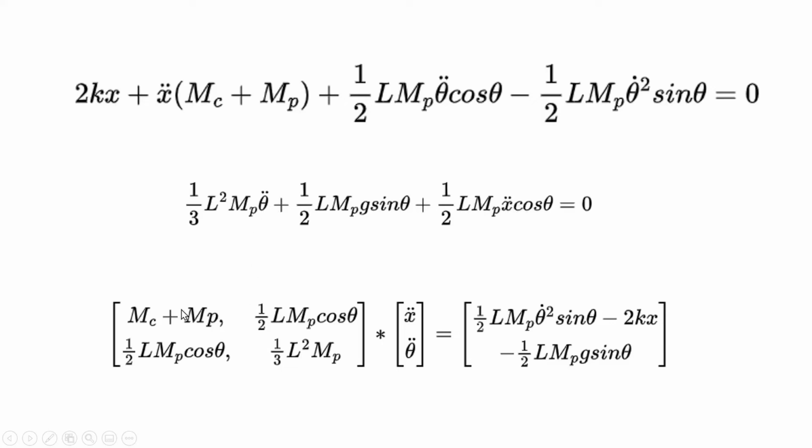So when we put it in matrix form, it comes out to be like this. This is matrix A left multiplied by this column vector equals the right hand side. So now to get this column vector to be on the left hand side by itself, we need to multiply the right hand side with the inverse of this 2 by 2 matrix.